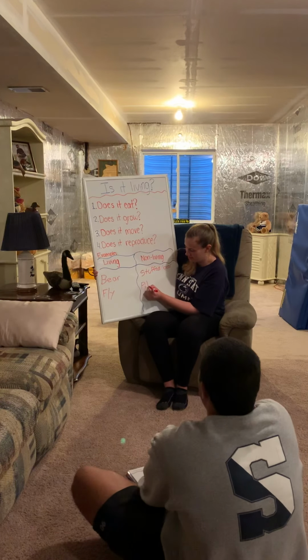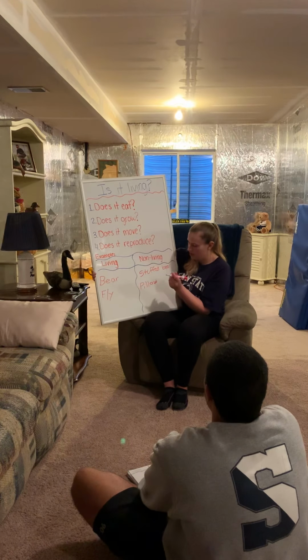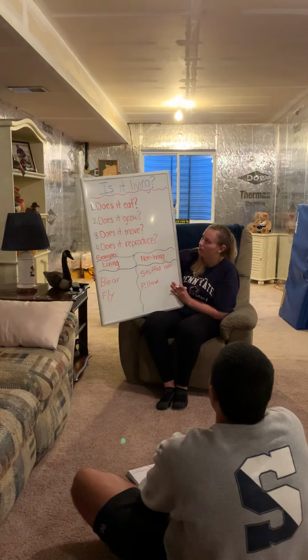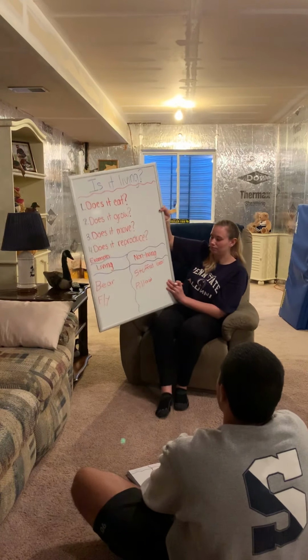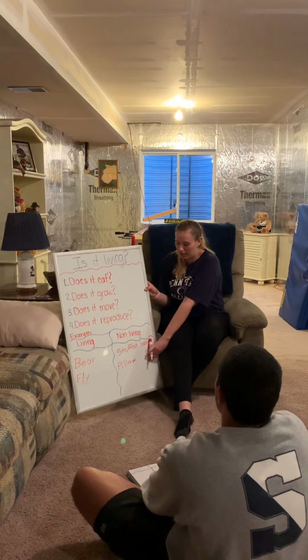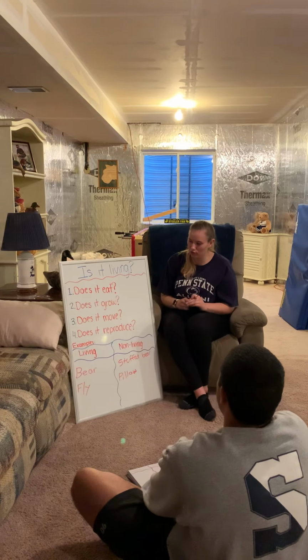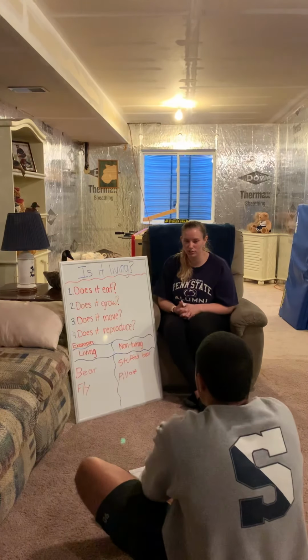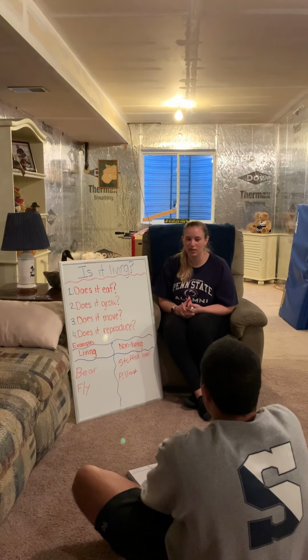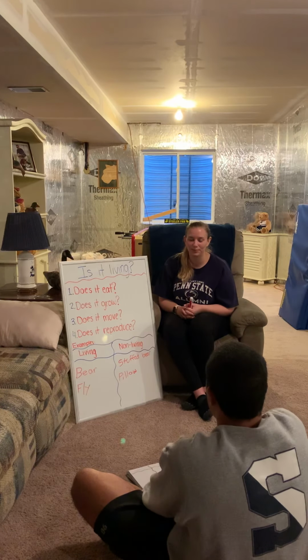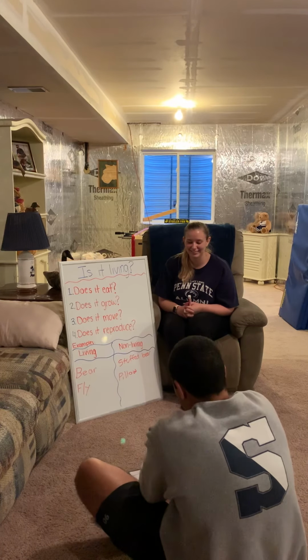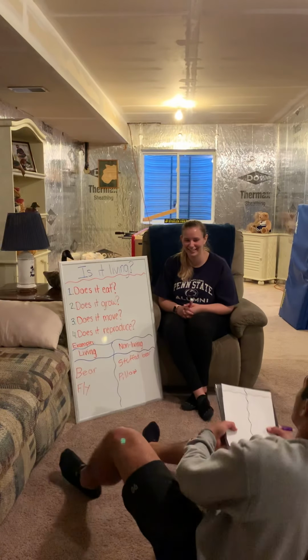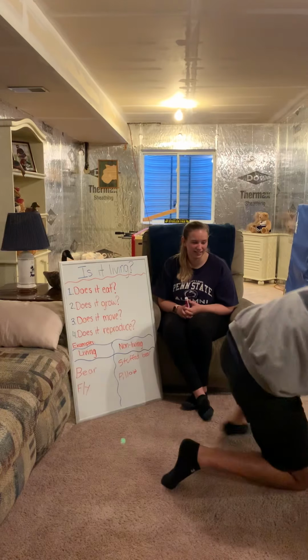It's a good example. All right, now that you know some examples, I would like you to take your paper and go around the house and make sure you look out the window and look for things that are living and non-living. Draw a little picture, and then we'll come back together and talk about what you saw. Go ahead. Okay. How many do I have to get?